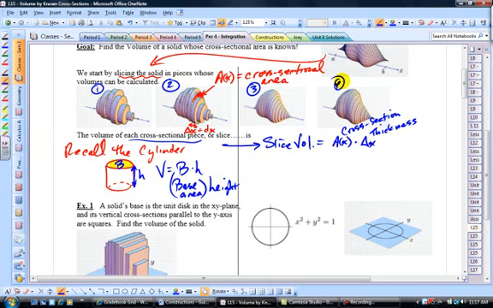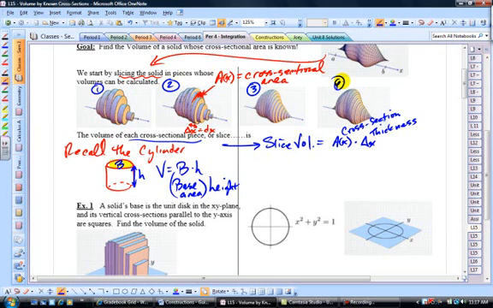If we slice it into more and more pieces, the slices become thinner, and we approximate the volume of the solid better and better as we increase the number of slices.